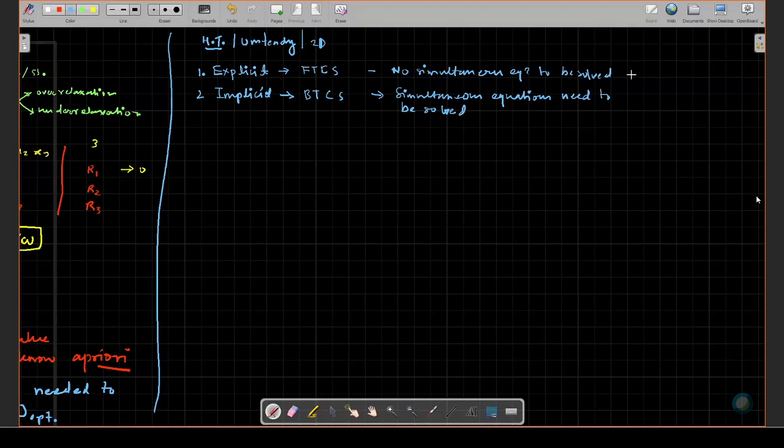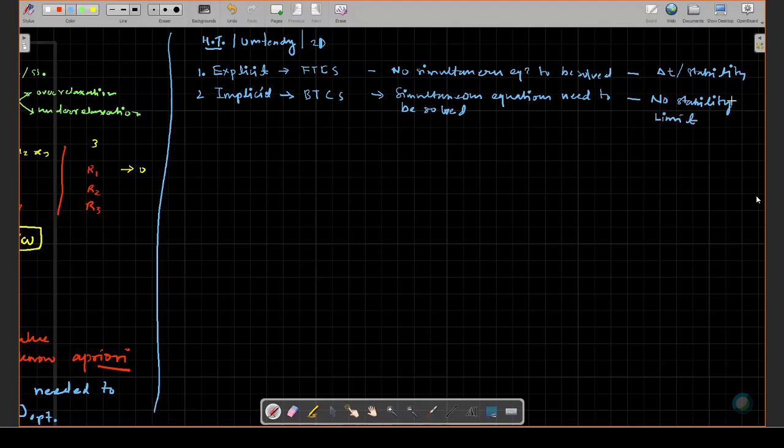Okay. But the problem with explicit is restriction on delta T, stability. Stability problem comes. However, in case of implicit methods, no stability limits.